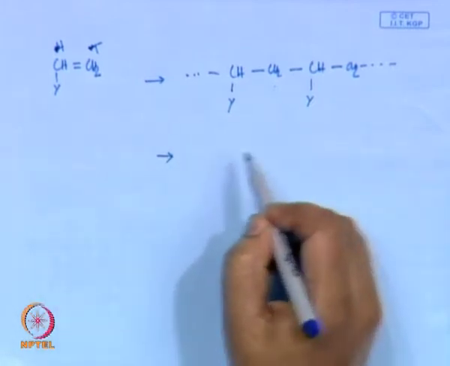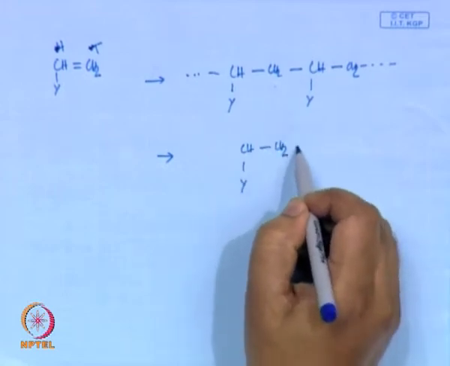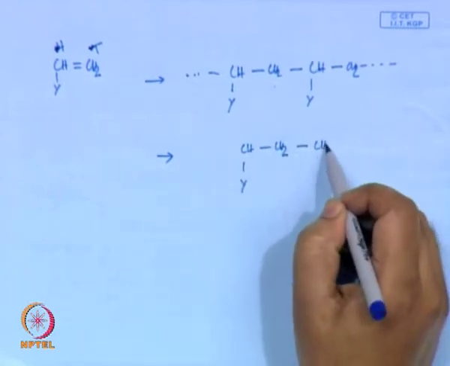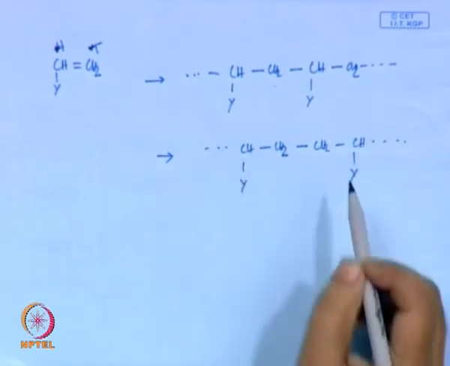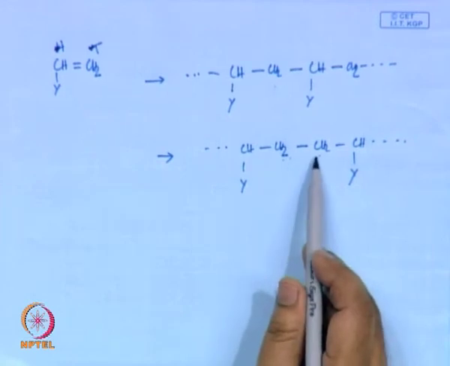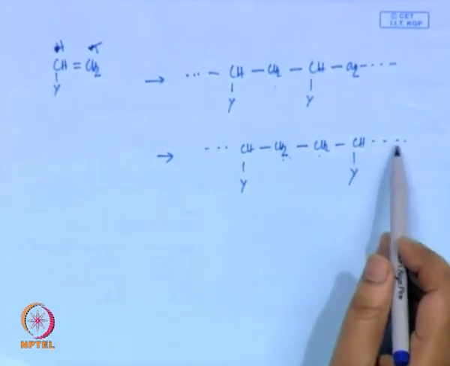Now, these polymers can also be imagined like this, where head and head are linked, and the tail and tail will be linked to the next monomer.